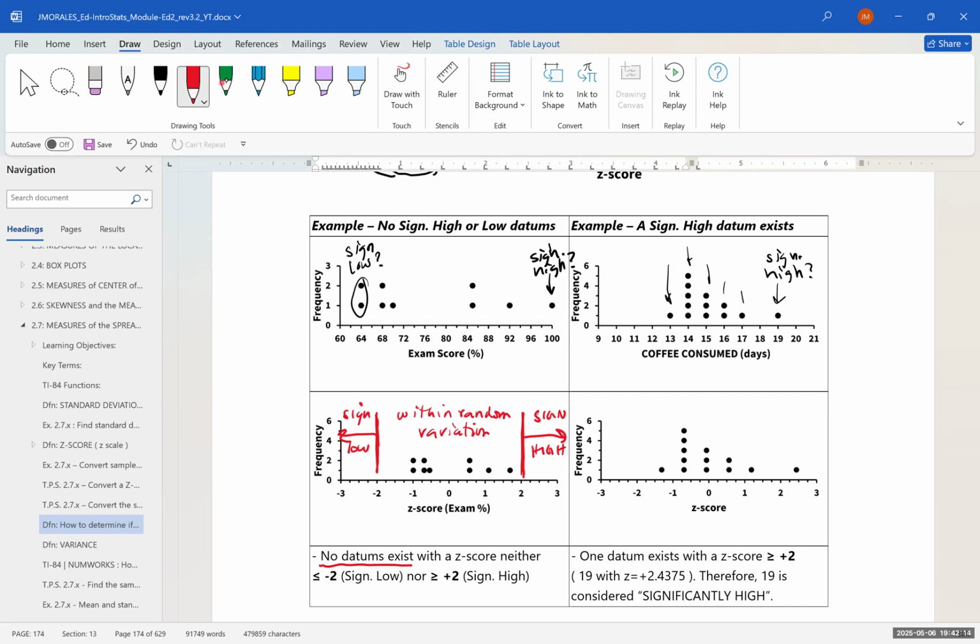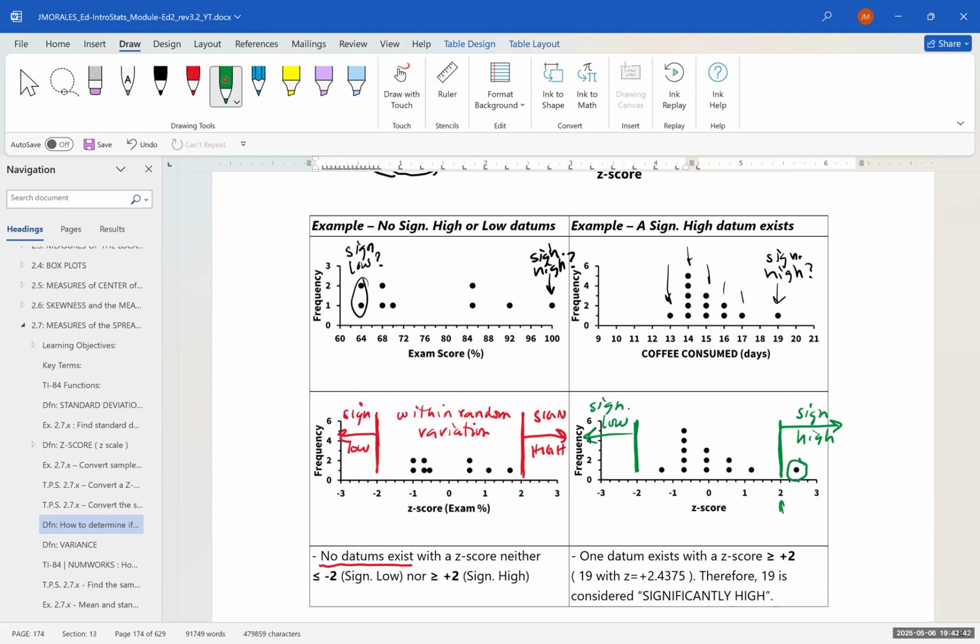But if we look at this other example and we draw a boundary at +2 and -2, above +2 is considered significantly high, and below -2 is considered significantly low. We can see we've got one data point here which has a z-score greater than +2.